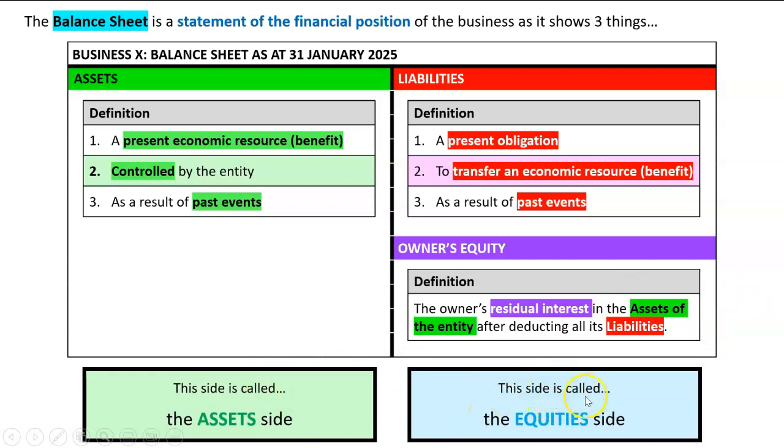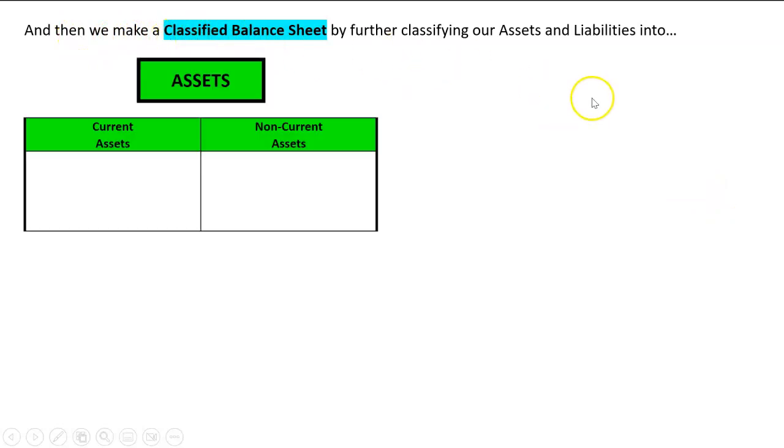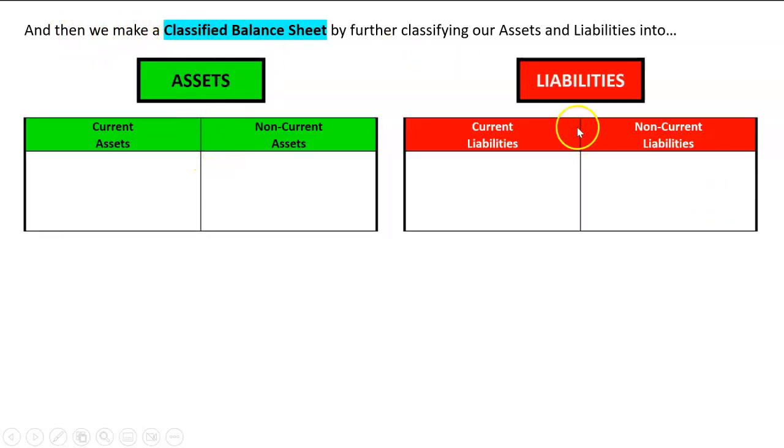Is that equity just the owner's equity? No, equities is actually liabilities plus owner's equity. That's because your assets for a business must always equal your liabilities plus your owner's equity. That was something we called the accounting equation. And then we learned one new thing. We said we should make a classified balance sheet where we get our assets and our liabilities, and we break them into current and non-current.